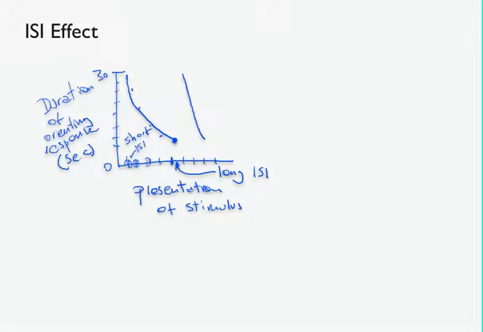The next one is the ISI effect, and that refers to the effect of the length of this ISI on the speed of habituation, the steepness of this curve.